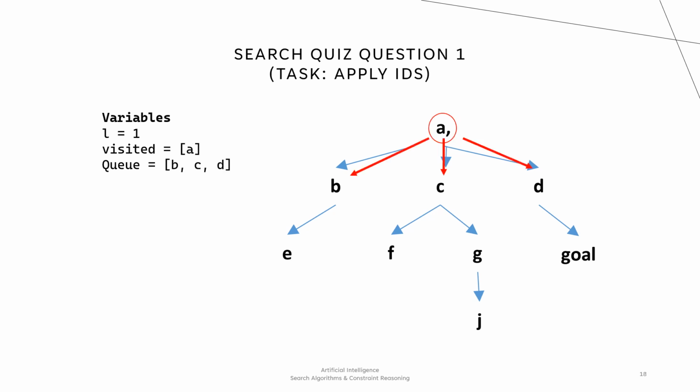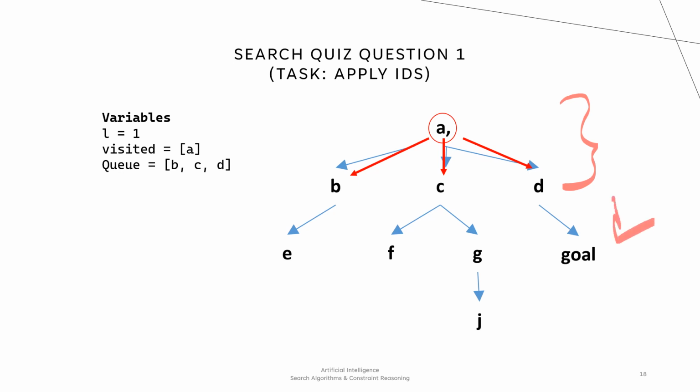So L equals 0, so that would be the first node, first layer, and then A, we can't investigate its children because they're too deep down, so we increment L, and then we run the algorithm again. So visit A, add all of its children to the queue. Now our L is 1, so we're going to go to these first two layers, and we're going to add B, C, and D, and visit all of them, but we're not going to add their children because they're too far down.